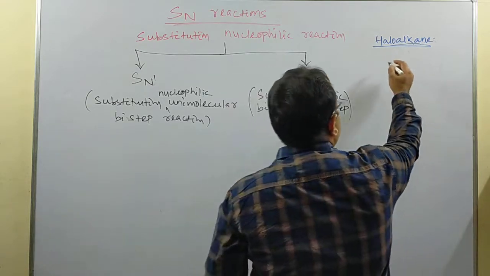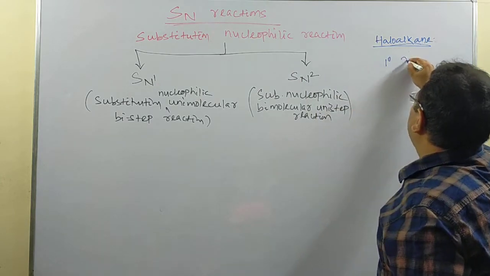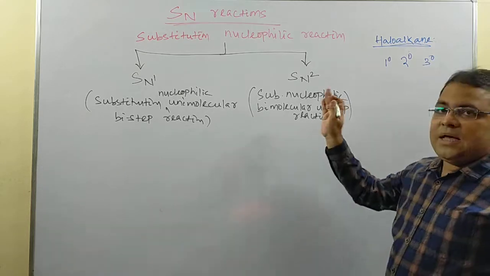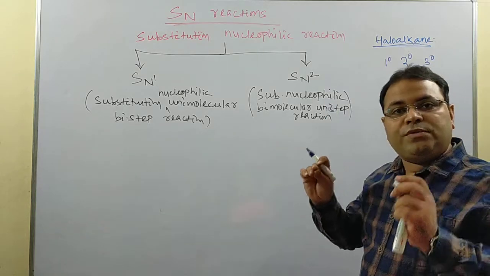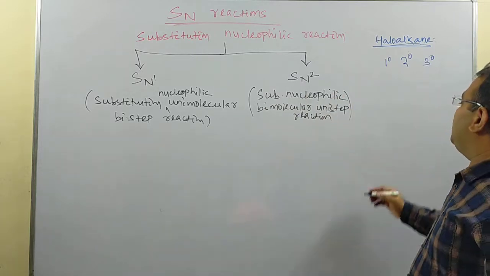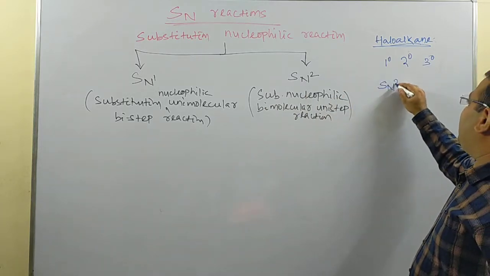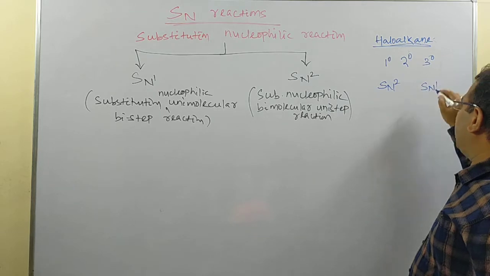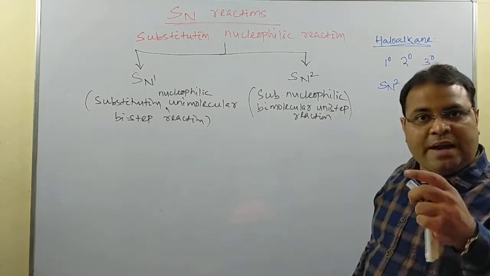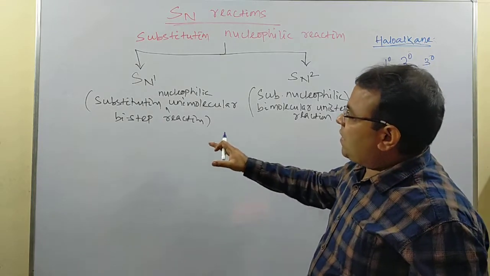If I write 1 degree, 2 degree and 3 degree haloalkane, they will show SN1 and SN2. Now the question will arise, which one will show SN1 and which one will show SN2. For this I am writing SN2 here and SN1 here. Now you can remember this with a mind trick, and later on you can understand why.